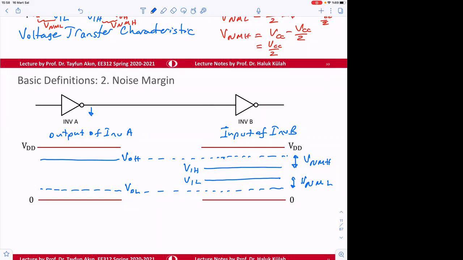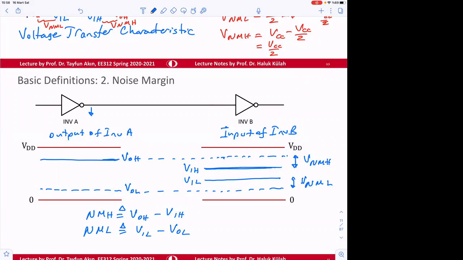I mean, it won't work. When they say that I'm giving you high voltage, this is not accepted as a high, so therefore it will really not work. So as definition, noise margin high is defined as V output high minus V input high. Noise margin low is defined as V input low minus V output low.